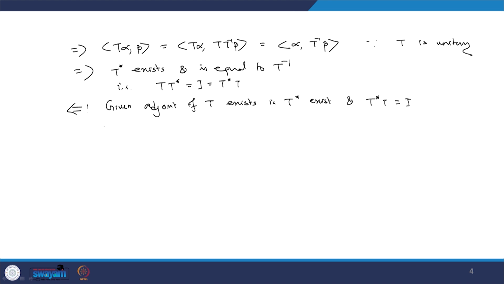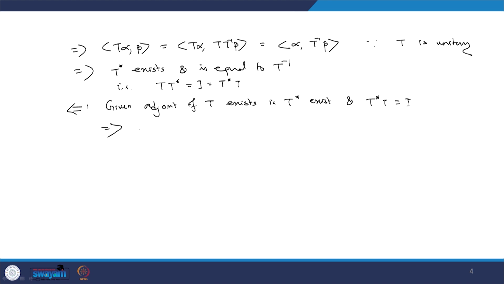So, this implies I have to check that T is an automorphism, means T is an isomorphism. Since T is 1 1 on 2, since inverse exists means it is a 1 1 on 2, so I can say that it will be an automorphism provided T preserves inner products.